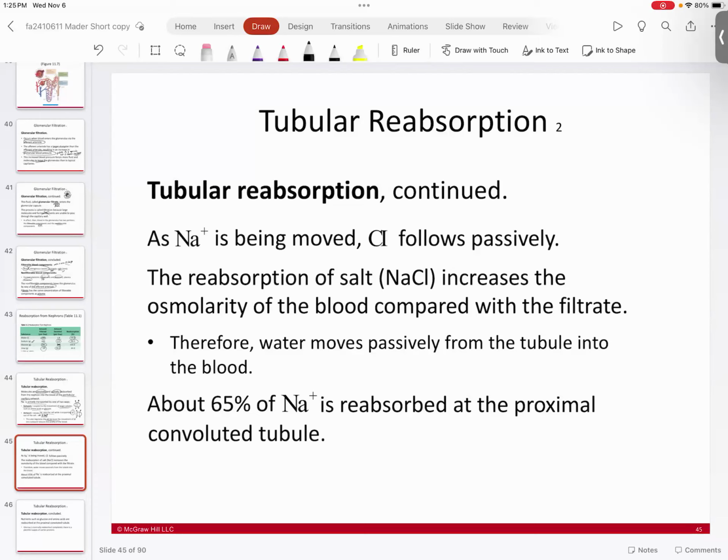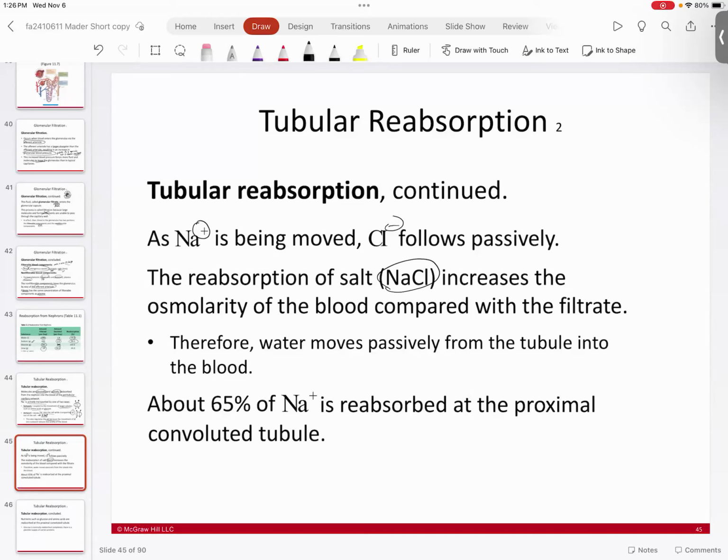So oftentimes when you move a sodium, a positive charge, a chloride will move along with it in order to balance out that charge, basically neutralizing it. That's where you get your total salt complement. The chloride is there to balance out the sodium, to make sure you don't get a lot of charge buildup. Ultimately, you end up getting the reabsorption of both sodium and chloride. This will increase the saltiness of your blood itself.